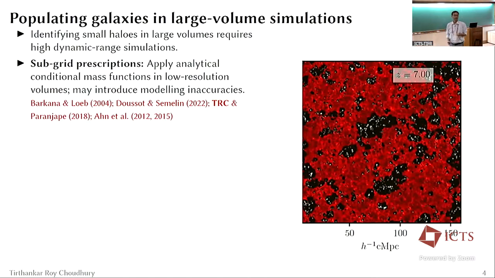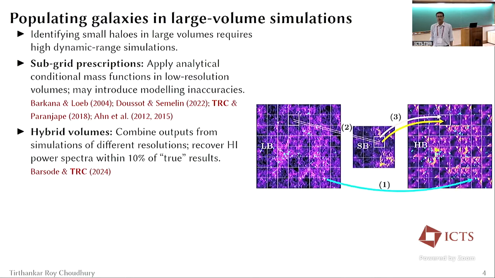You can then become more adventurous and condition on the tidal field or whatever you think is most relevant for modeling these halos. What we have tried, and this was work done by Ankur Barsode, who currently is a student at ICTS doing gravitational waves, but at some point he was doing cosmology, is the idea of hybrid volumes. Basically, you run a very low resolution, large volume simulation, and you combine that with a small volume, high resolution simulation.